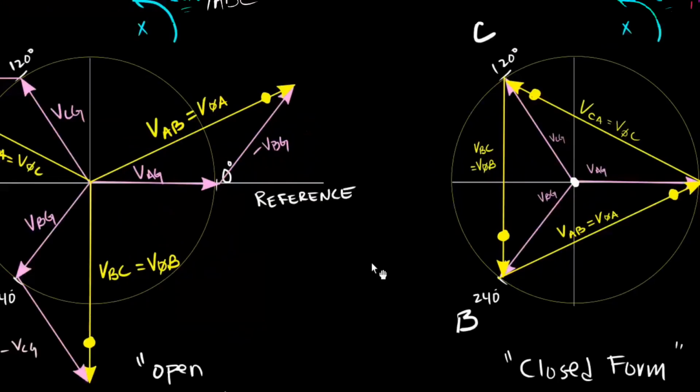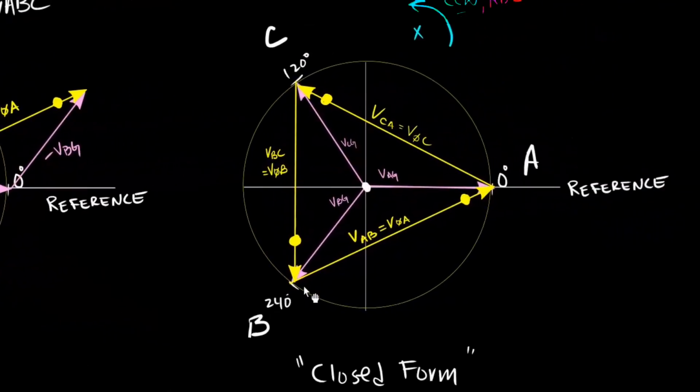Now I'm going to zoom in. So we've defined this phasor here as V phase A. And we said that this side here, the dotted side, is the polarity side of V phase A. Now, look at what the polarity side of V phase A is connected to. It's connected to the non-polarity side of V phase C, right?